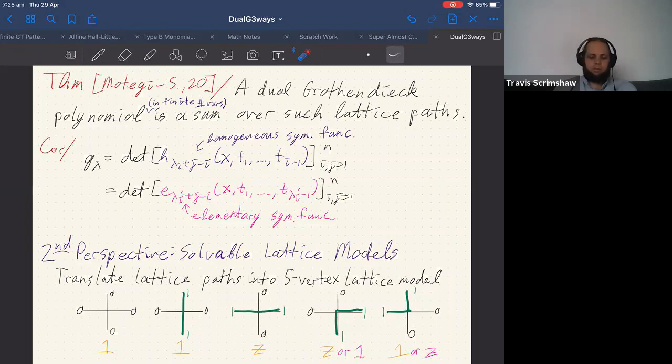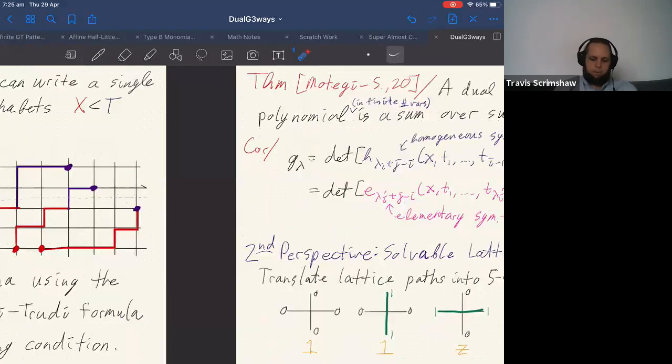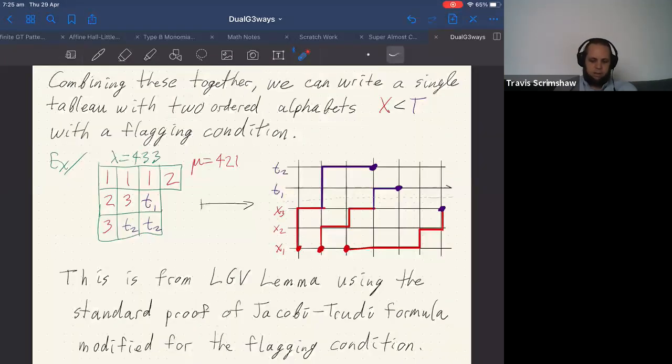Maybe I should attribute this particular thing to Michelle Vox, whose paper in the early 80s, I believe, did a Lindstrom-Gessel-Viennot for flagged Schur, which is all I'm saying a dual Grothendieck polynomial is. It's a flagged Schur function with some of your variables carrying special meaning.